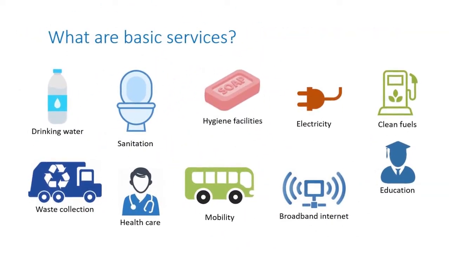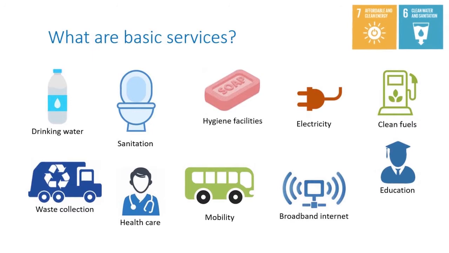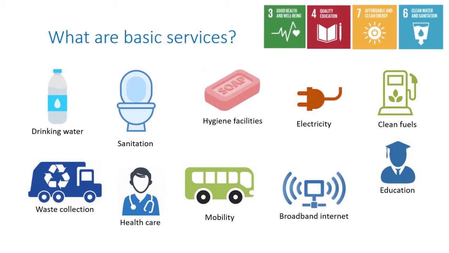Many of these are drawn from other SDG targets, such as water and sanitation, Goal 6, energy, Goal 7, education services, Goal 4, and access to health services, Goal 3. So in many respects we can consider 1.4.1 to be a composite of other relevant SDG targets.